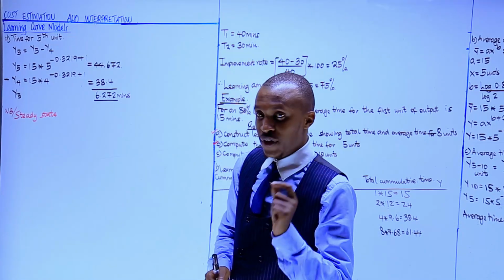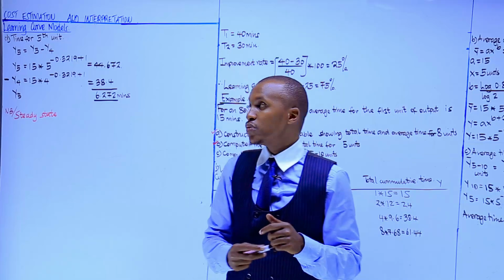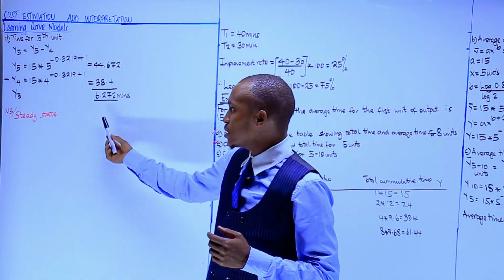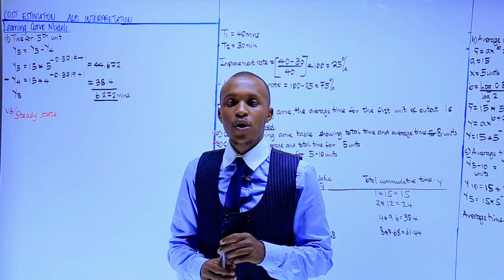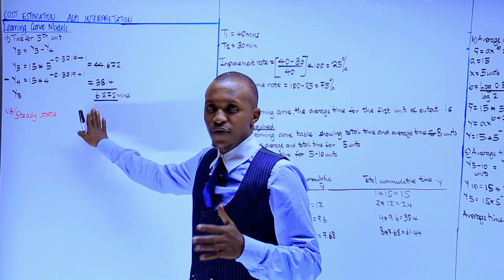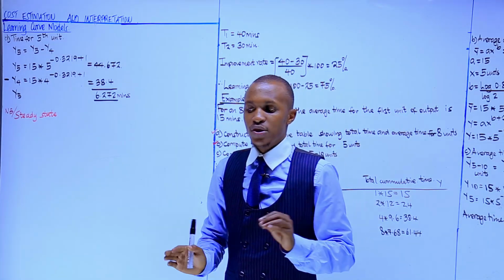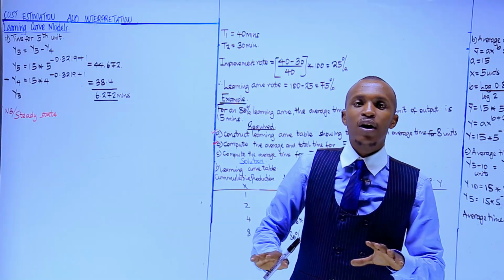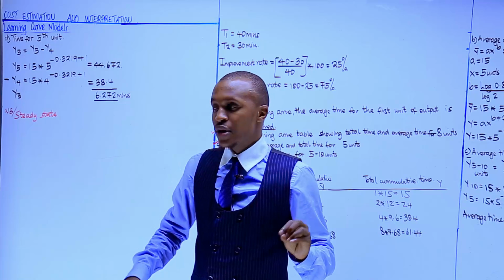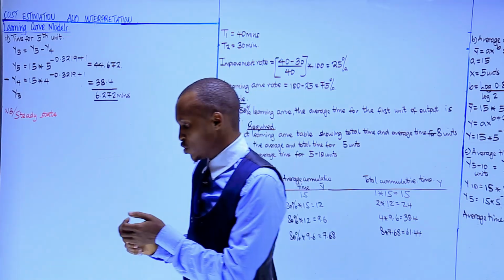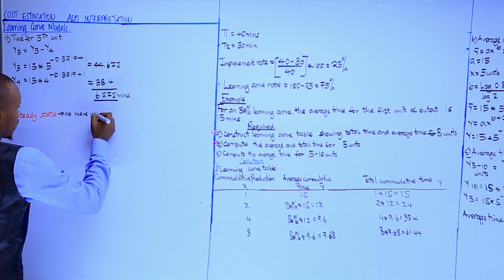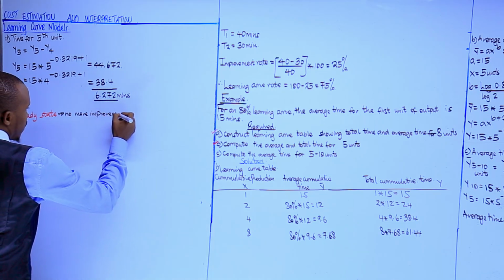The fifth, the sixth, the eighth, the 10th, even the millionth will take 6.272 minutes, because you can no longer improve on this time. You have reached a stabilization or saturation point where you have hit top speed. This is how you deal with steady state, where there is no more improvement.